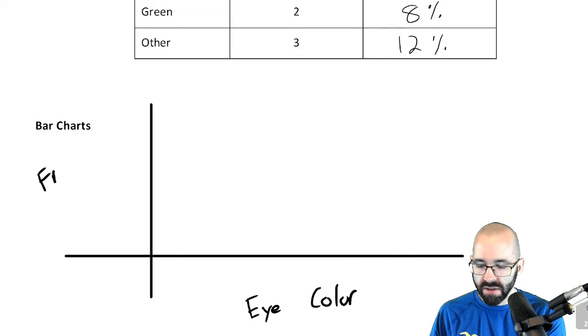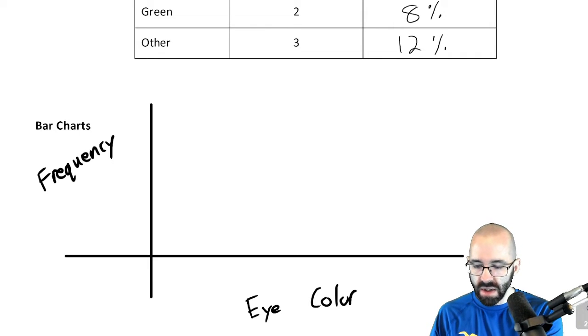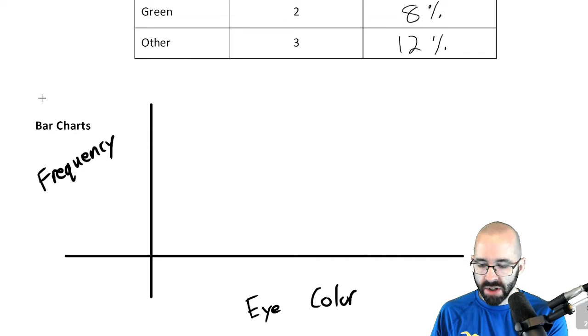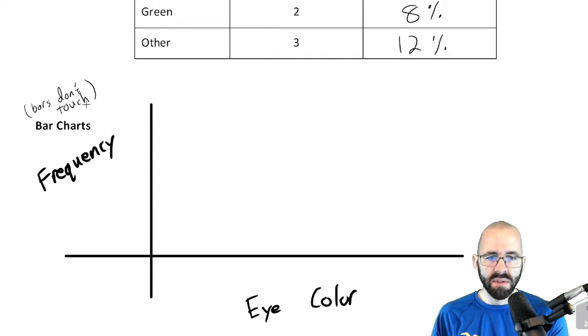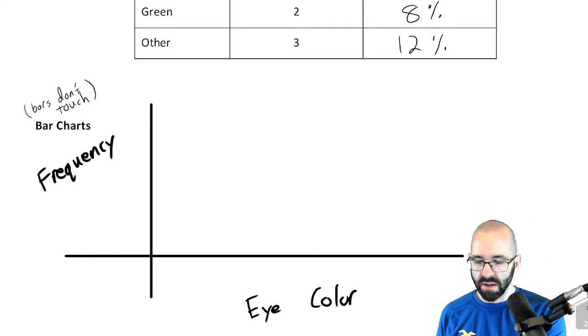And we're going to have, again, just like before, frequency up here. And again, bar charts are similar to histograms, but the bars don't touch. Remember when we did histograms, the bars were all connected? Bar charts, they won't be connected.